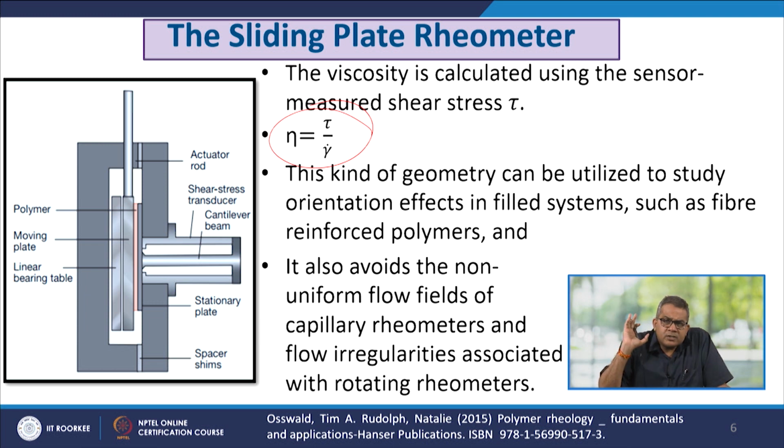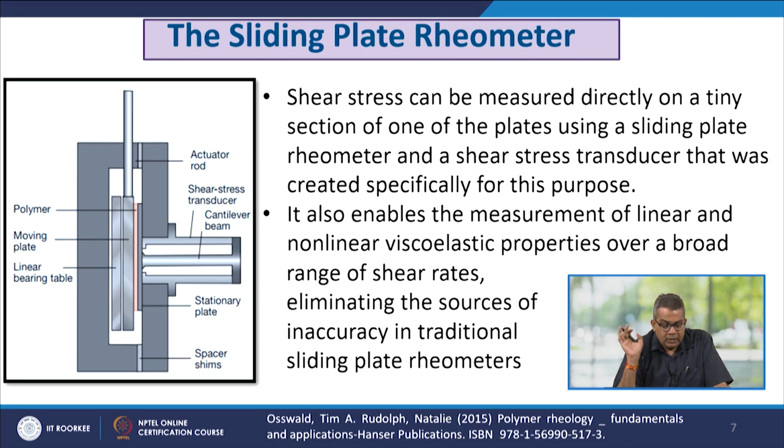It also avoids the non-uniform flow field of capillary rheometers and flow irregularities associated with rotating rheometers. Now, the shear stress can be measured directly on a tiny section of one of the plates using the sliding plate rheometer and a shear stress transducer that is usually created for this particular purpose.